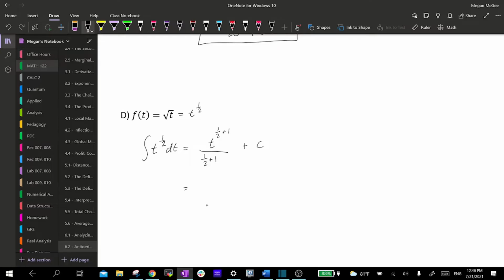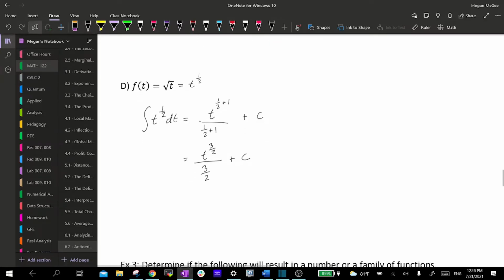All right, let's clean this up a little bit. 1/2 plus 1. Well, 1 is 2 halves, so 1/2 plus 1 is 3 halves. All right, so that means we have 3 halves on the bottom plus c. And when we have a fraction in a fraction like this, we can actually flip and multiply.